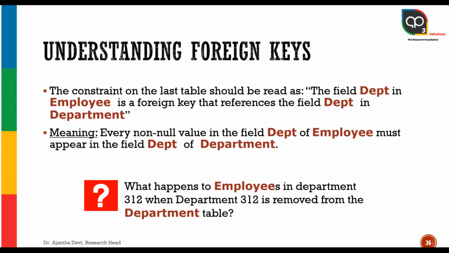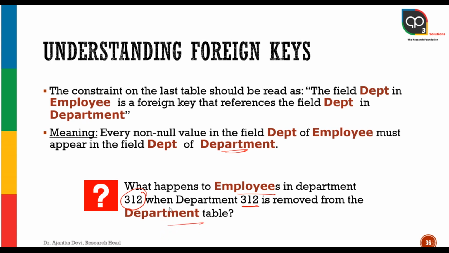Let's take our foreign key constraint a step further with delete cascade. Yes, dear friends, by default, if you try to delete a parent row in this department, for example, kindly see here, what happens to an employee in department 312 when that department 312 is removed from the department table?